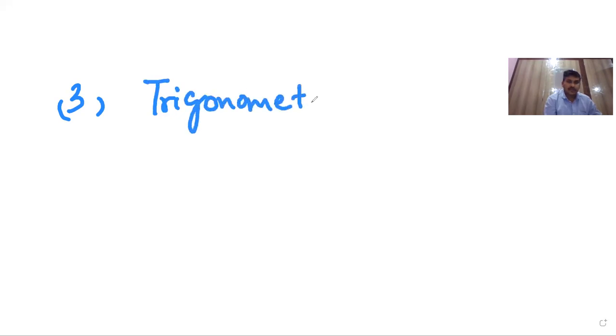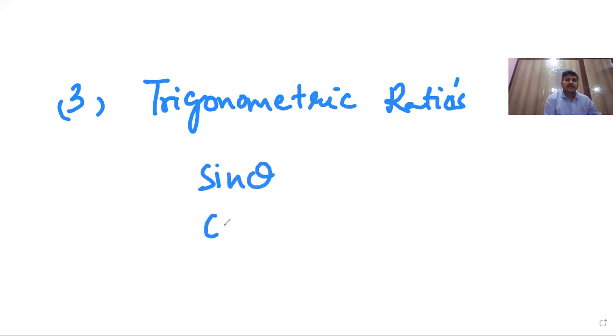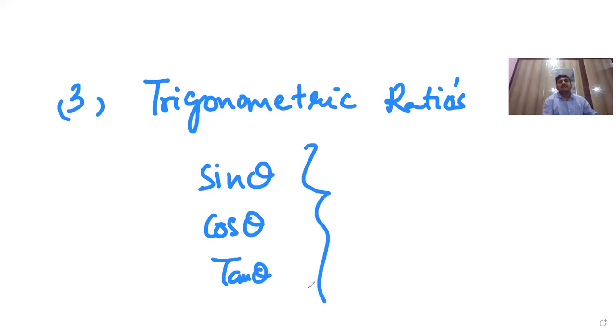So the third one I am taking up is the trigonometric ratios. Observe, if you take sine theta or cos theta or tan theta or secant theta, whatever it may be, all these are ratios.